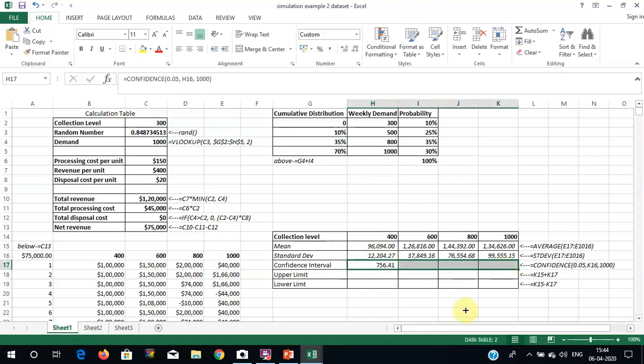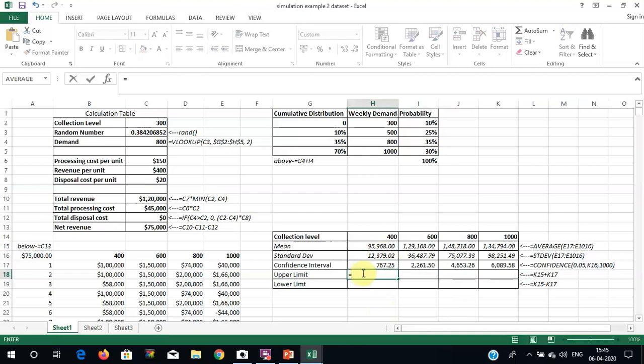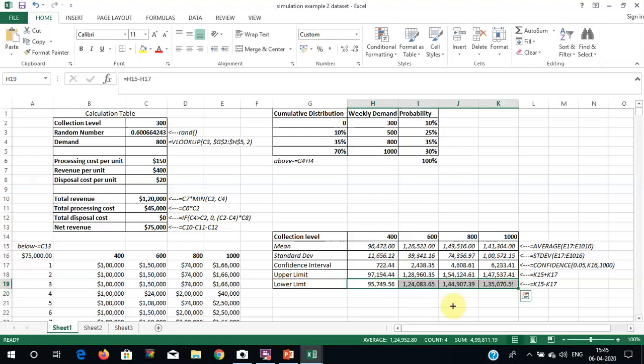for each of these 4 scenarios, and this upper limit is of course mean plus... So you can see, whatever my 1000 scenarios are, I do a statistical analysis of these 1000 scenarios, and it is given here.